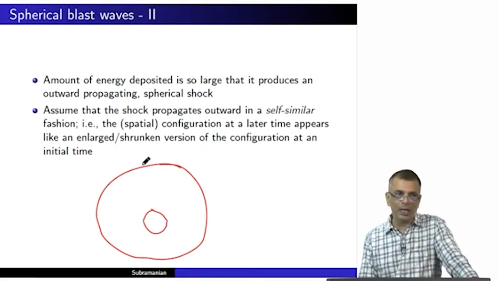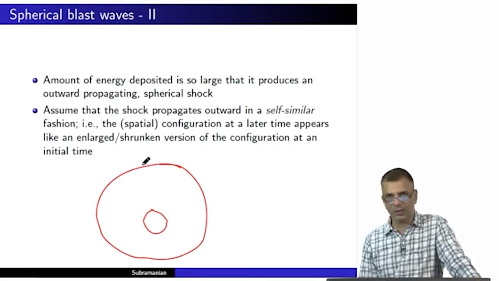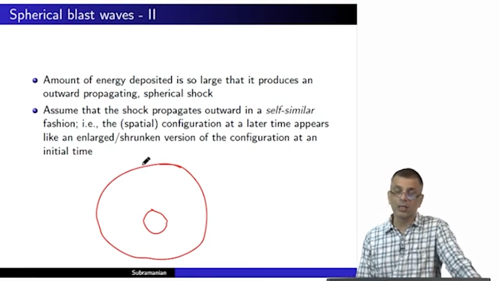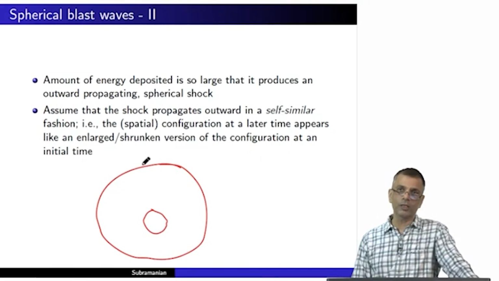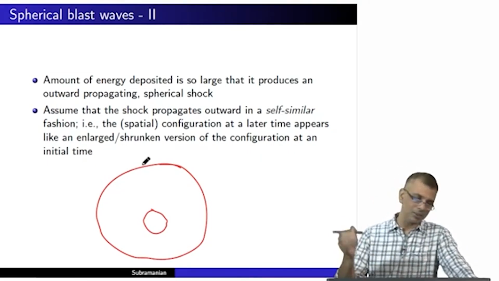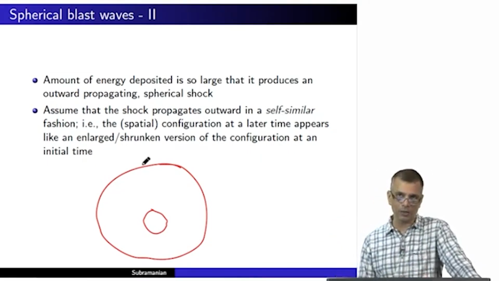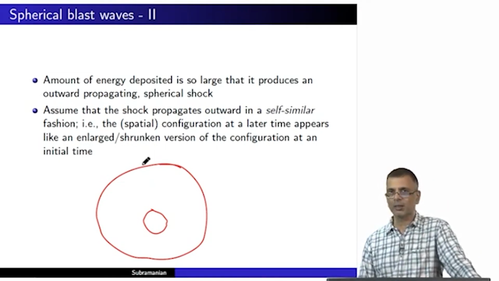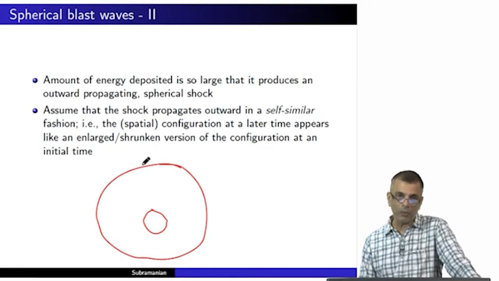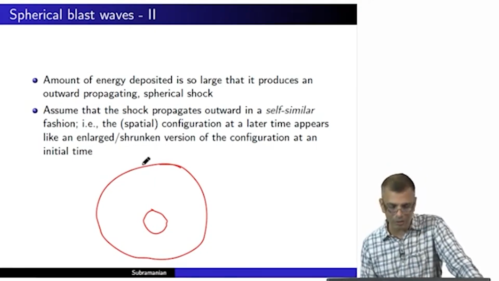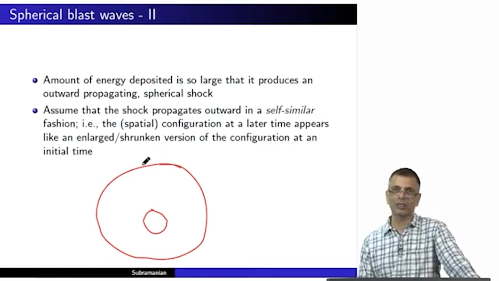Number one, it leads to a drastic simplification in the mathematics. You really do not have to consider partial differential equations; the partial differential equations reduce to ordinary differential equations. So this is one advantage. The other advantage is that it is quite motivated by observations. Observations strongly suggest this kind of self-similarity.